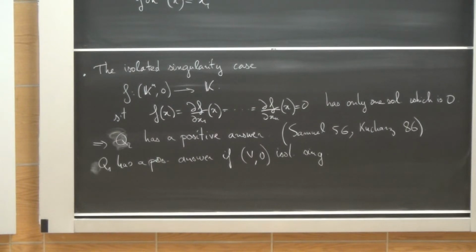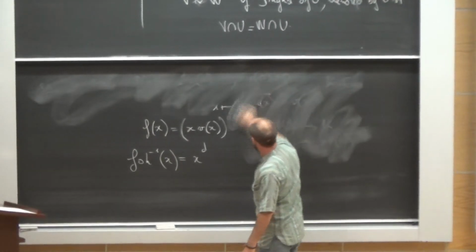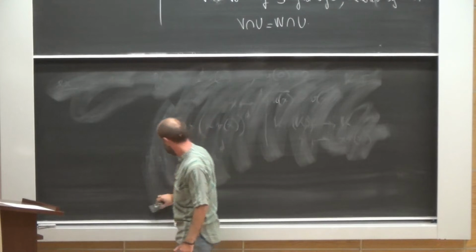So the next case is the case where the singular locus is not a point, sorry, not smooth. I will present an example due to Whitney, 1969.